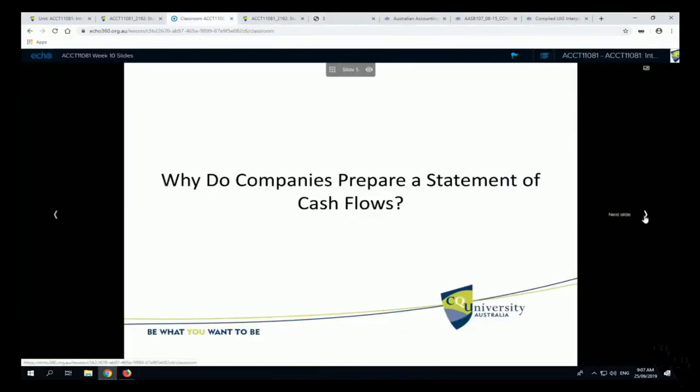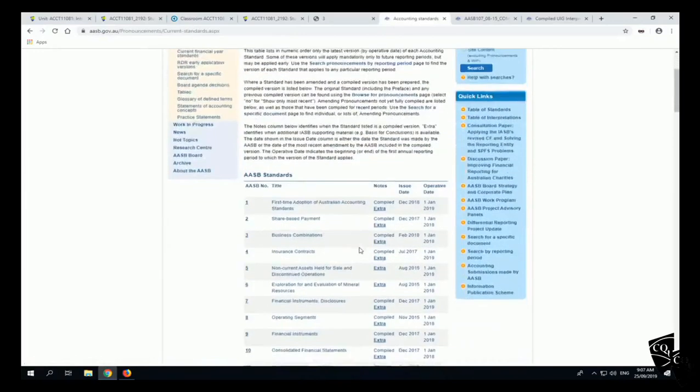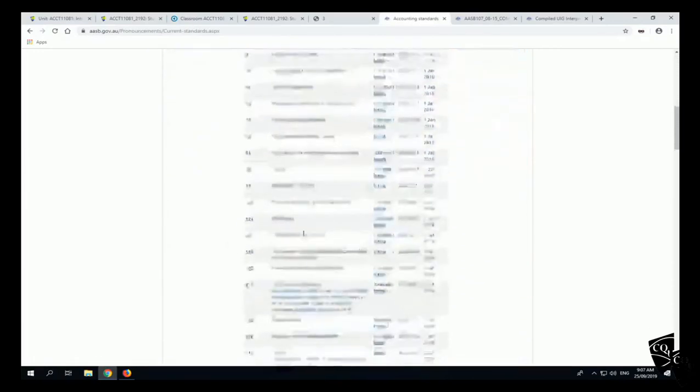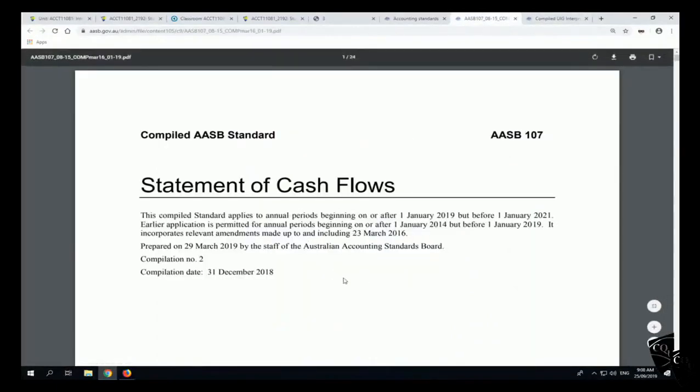And I'll show you on the AASB site. So just aasb.gov.au, I already went there. If we go back to the table of standards under quick links, and scroll down till you see 107, statement of cash flows, and click into that, it will bring you up with our specific Australian accounting standards. So AASB 107.